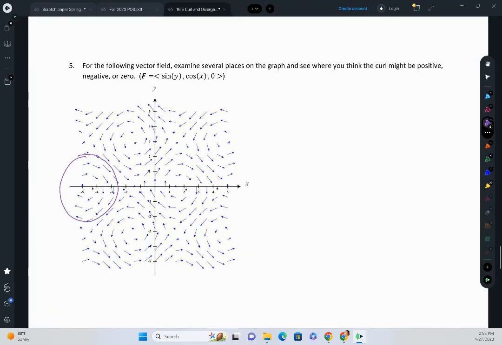And if you recall from what we learned in 16.4 about orientation of a curve, it's very similar for the orientation of a vector field. If we have clockwise rotation, that is negative. So the curl is going to be negative right here. Maybe I should just write negative.